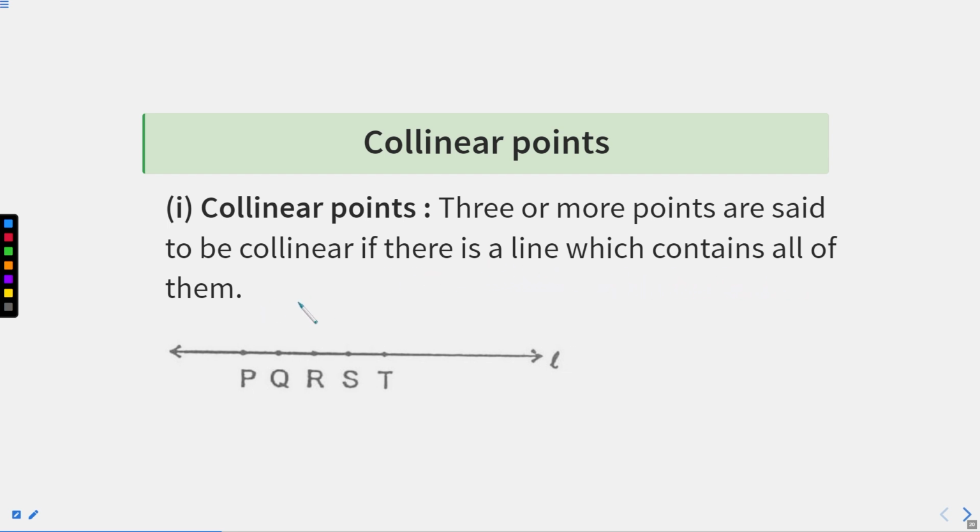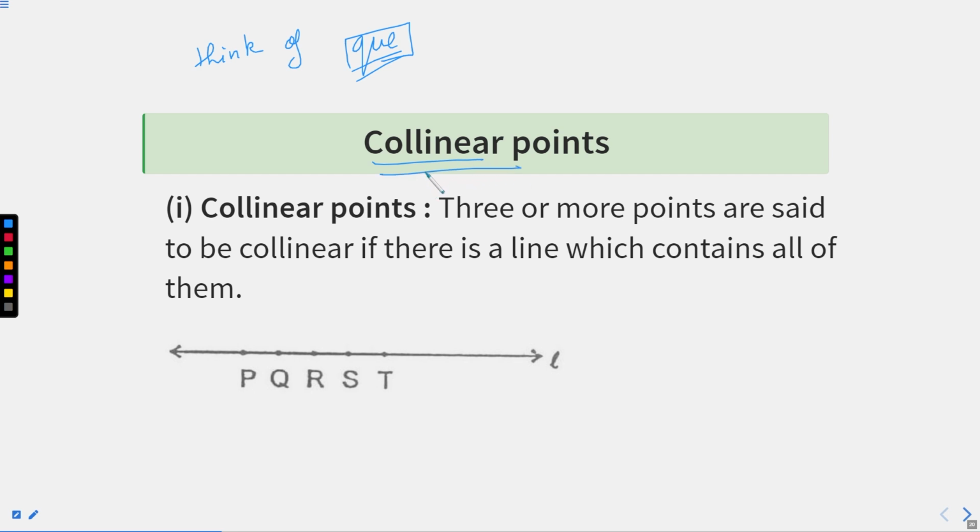If you think of a queue, or the prayer queue, the standing line in which people stand in columns or rows, then they all are collinear.